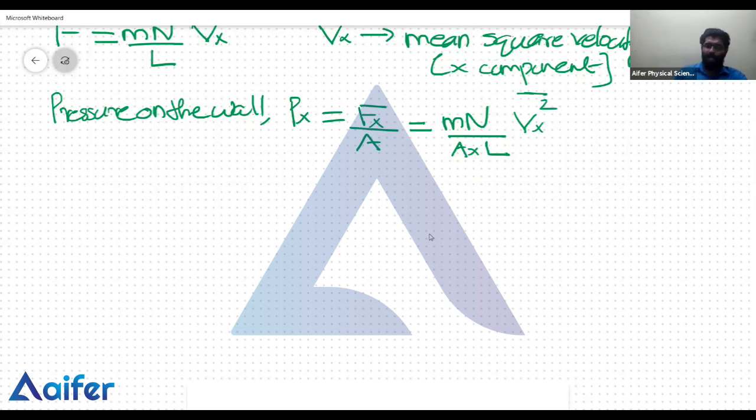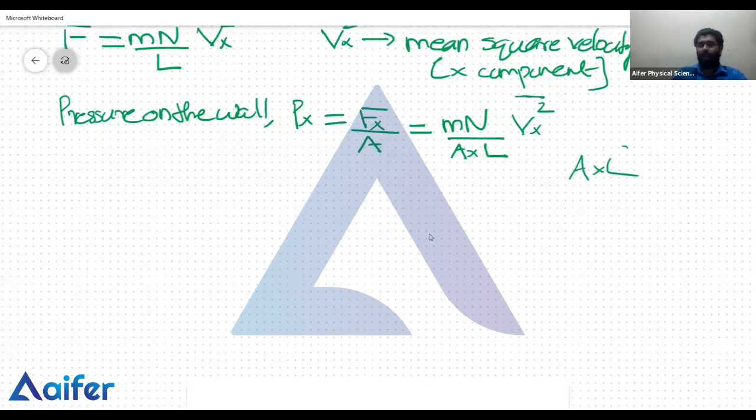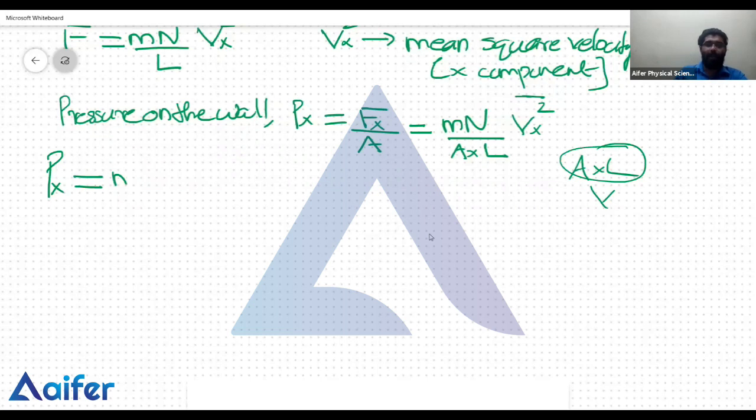So this is the pressure exerted. So here you have area into length, that is nothing but volume, right? So pressure exerted on the wall, Px, is mn by V times Vx square bar. V is of course the volume of the gas. Sorry, volume of the container.